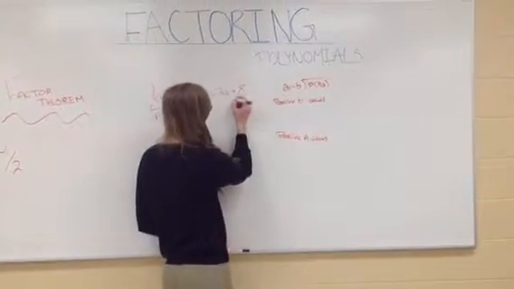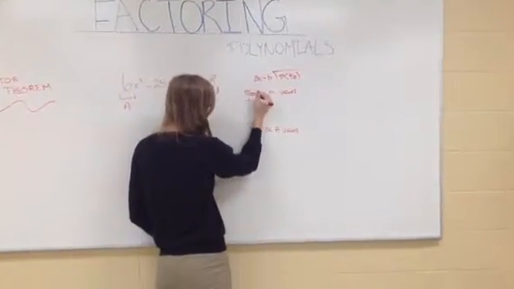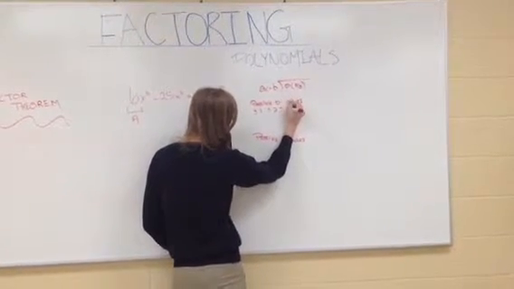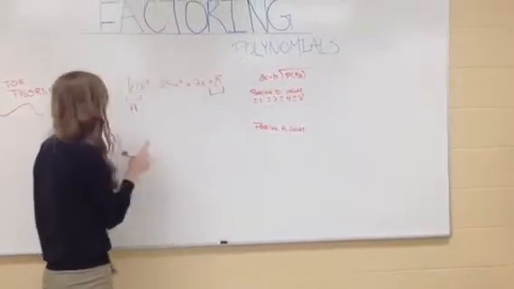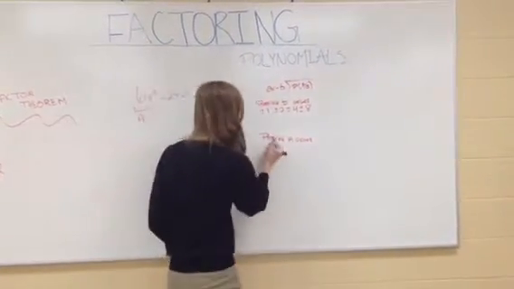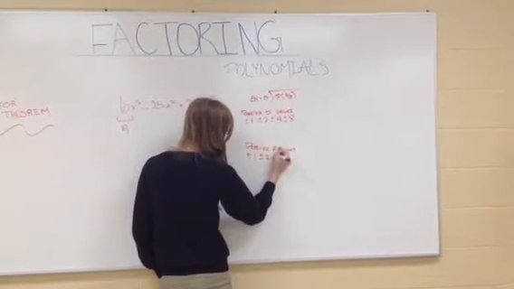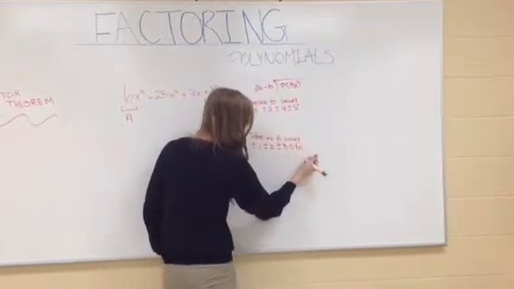Now, our possible b values are all factors of 8. So that's going to be plus or minus 1, plus or minus 2, plus or minus 4, and plus or minus 8. Our possible a values from 6 are going to be plus or minus 1, plus or minus 2, plus or minus 3, plus or minus 6.